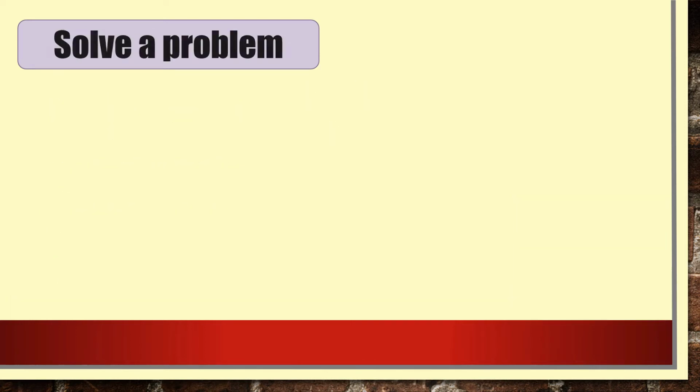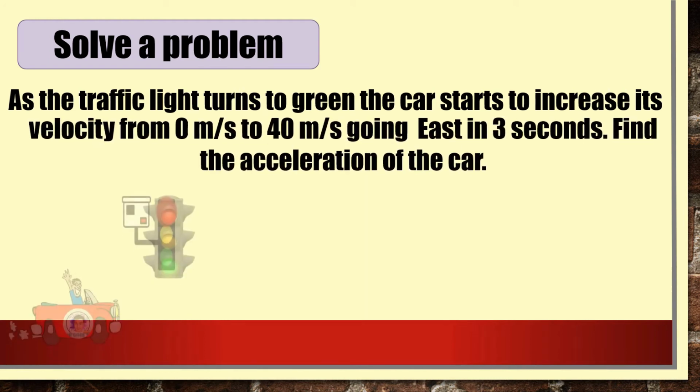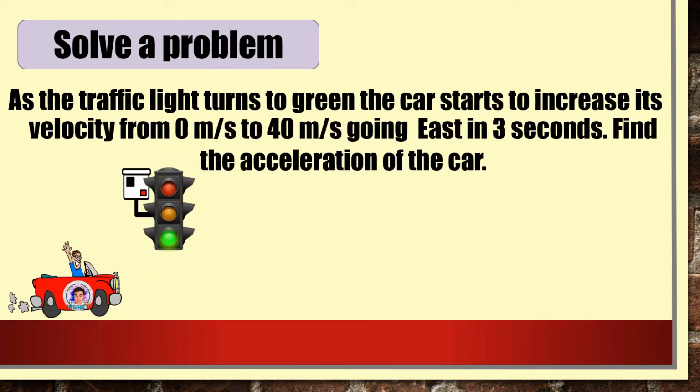As the traffic light turns to green, the car starts to increase its velocity from 0 meter per second to 40 meter per second, going east in 3 seconds. Find the acceleration of the car. The following are the given of the problem. Initial velocity is equal to 0 meter per second, final velocity is equal to 40 meters per second, and the time is 3 seconds.